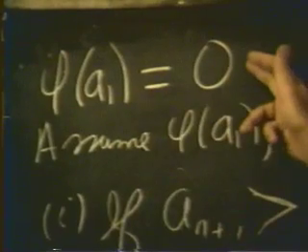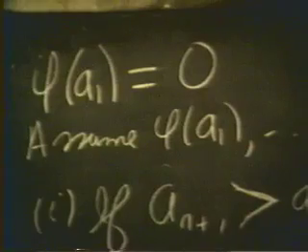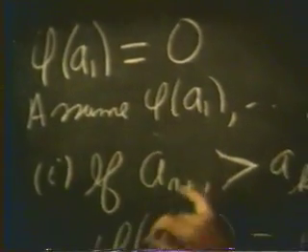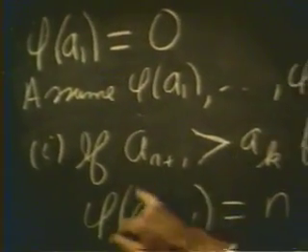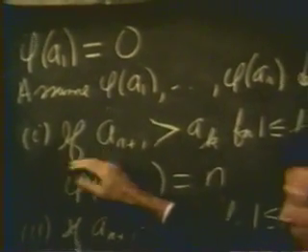So what we now want to consider is the inductive definition of phi. Phi of a sub 1, the first step in the induction, is equal to 0. And now we must consider three different cases for the definition of phi of a sub n plus 1, that is, the number assigned to the n plus first element under the countable function psi.